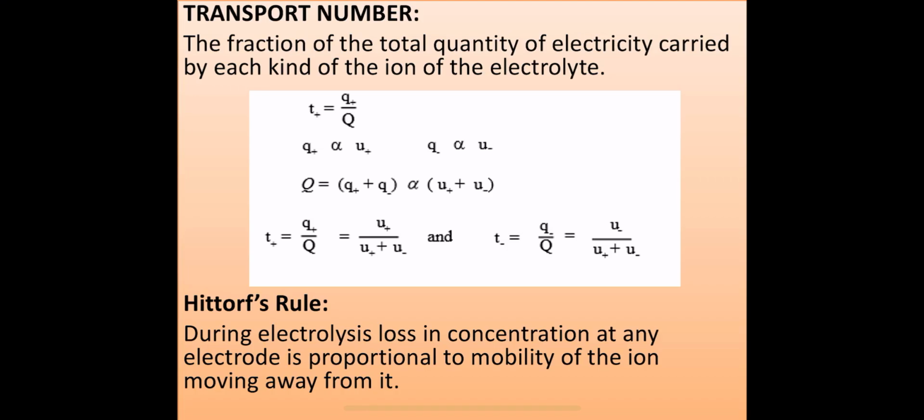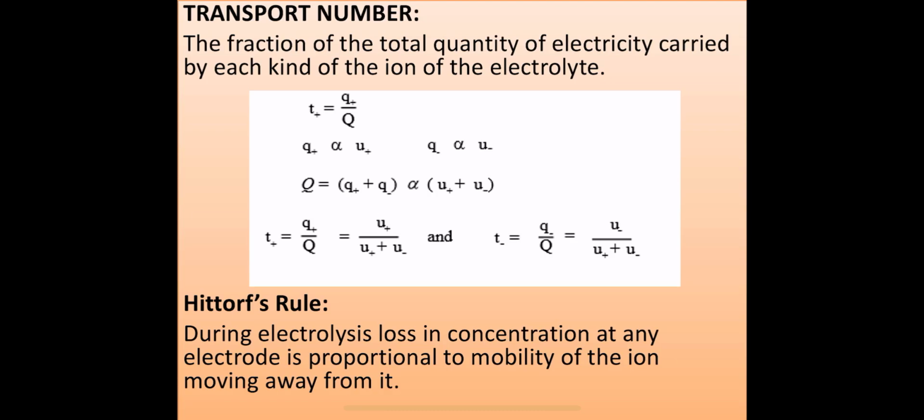Hello dear students. In our last class we discussed transport number and had an introduction to Hittorf's rule. Transport number, as I told in my last class, is the fraction of the total quantity of electricity carried by each kind of ion of the electrolyte.